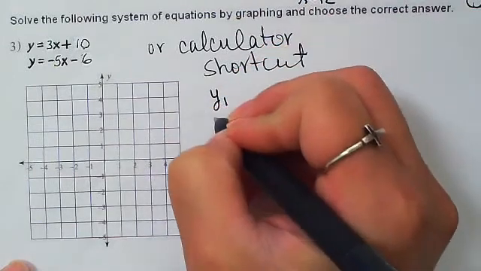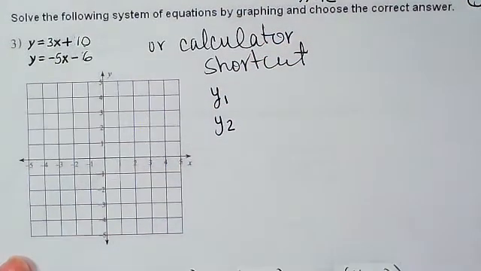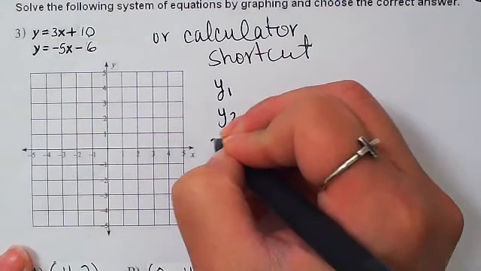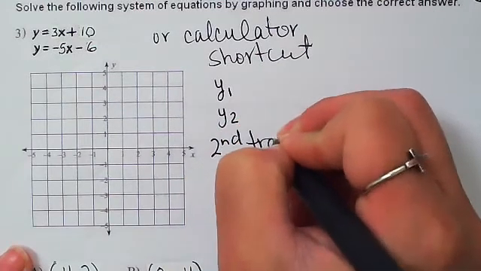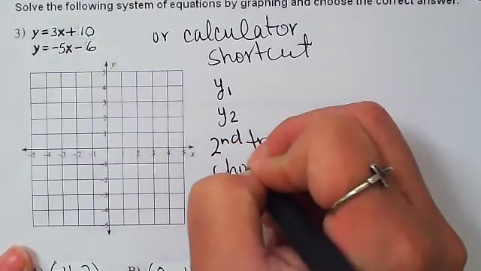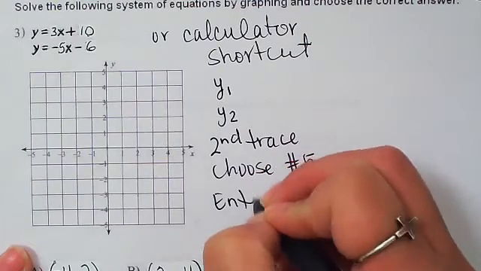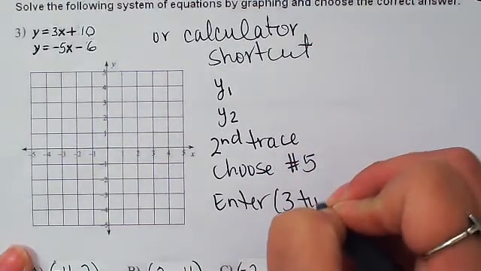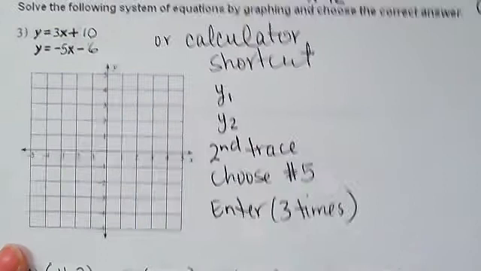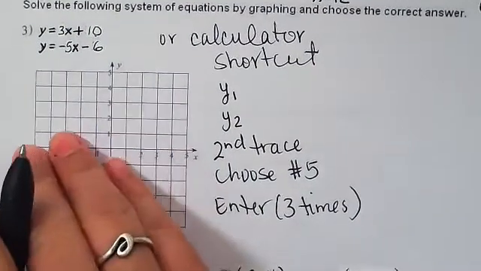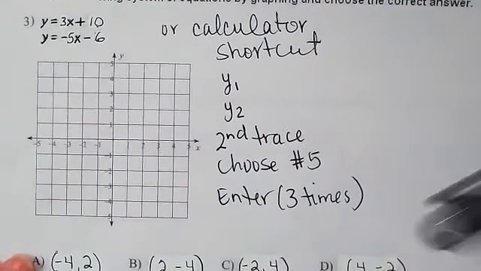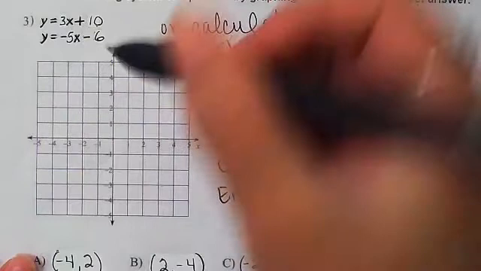Remember the calculator shortcut? You're going to put one equation on y1, one equation on y2. You're going to press second trace. You are going to choose number 5, and then you're going to press enter 3 times. So I'll do it by hand, but then I'll show you the calculator.